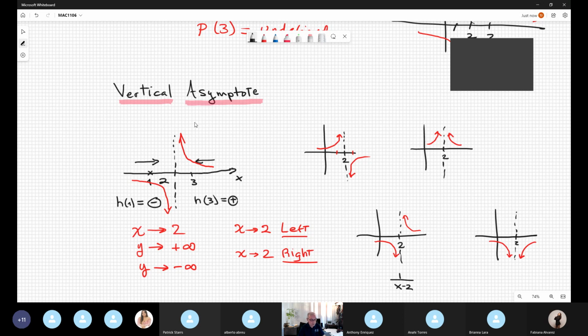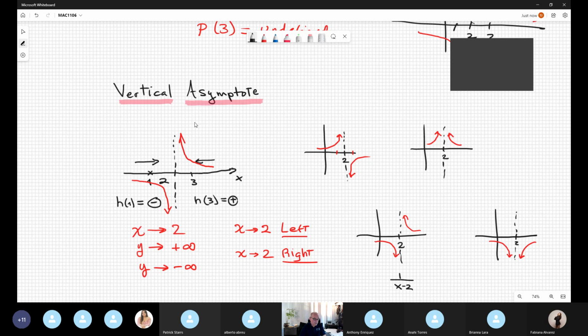Okay, let's see a couple of examples that include vertical asymptotes and holes. So far, no problem? Okay, you can interrupt me. Example 1 of the vertical asymptote. Suppose a function f of x is equal to 2 over x minus 3.